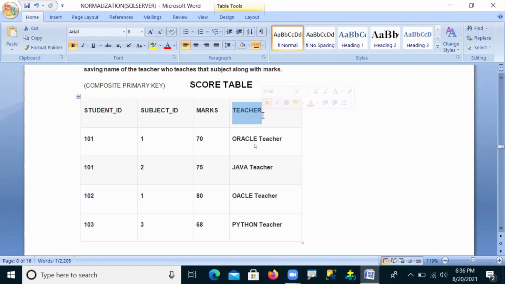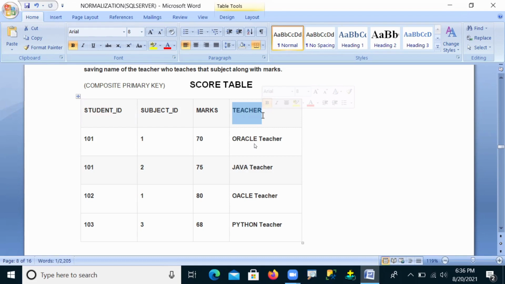But our second normal form was telling us that your table should not contain partial dependency.